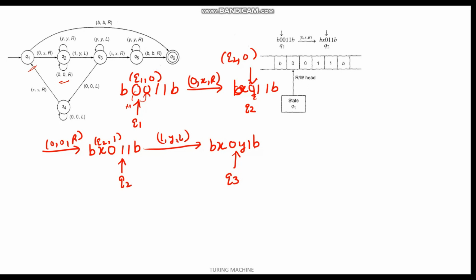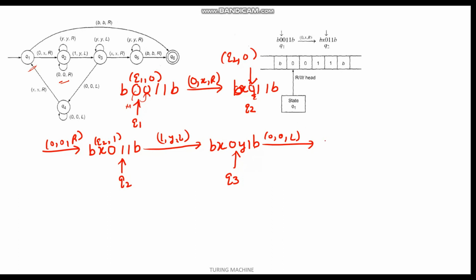It means q3 is given input 0. So when q3 is given input 0, the next state changes to q4, and the transition function being used is 0 0 l, which means the read write head will move towards left with state q4.